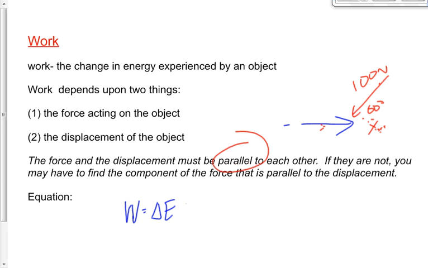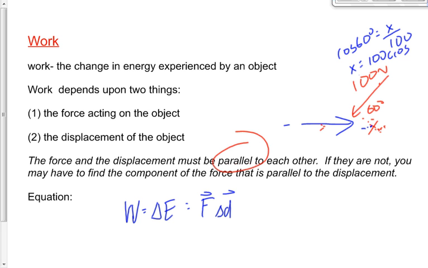Work is equal to delta E. But work is also equal to the force, because force is required to have work done, times the displacement. Remember what we said, though? The x component there: cosine 60 degrees is equal to adjacent over hypotenuse. So adjacent is equal to 100 cos 60.